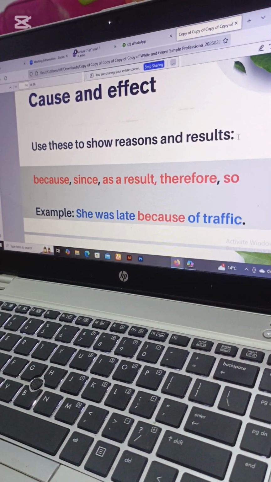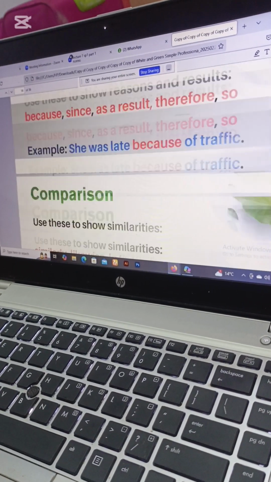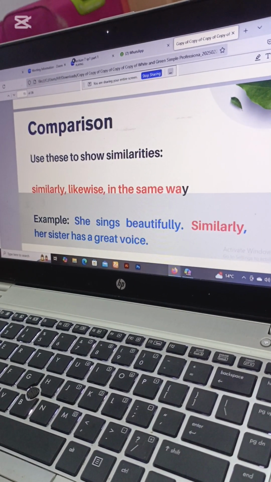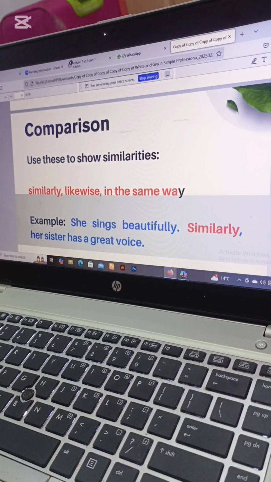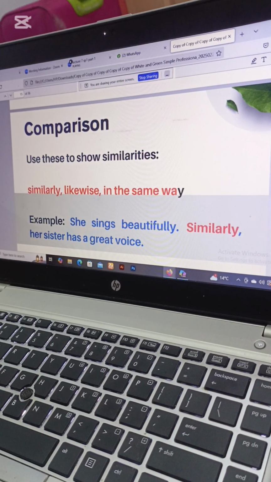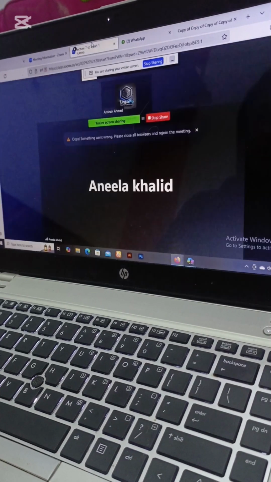So these are used for cause and effect: since, as a result, therefore. So is also used. Let's move ahead. What about comparison? Comparison, where we will compare, and sorry, ma'am, your slide is not visible. Okay, let me do it again.